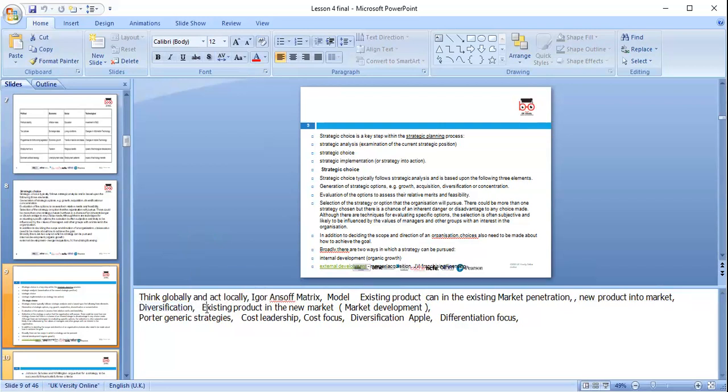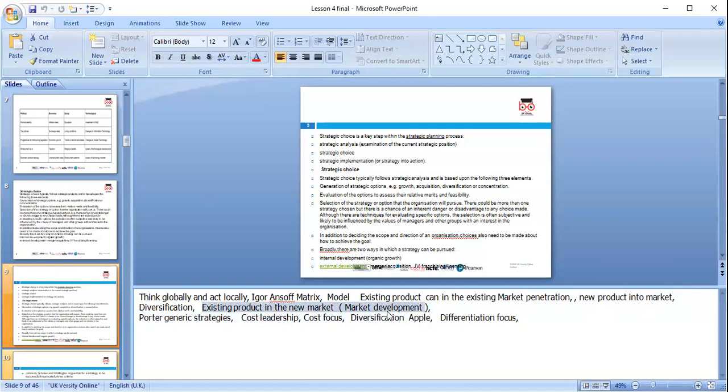If you sell an existing product into a new market, that will be called market development. Sorry, so an existing product in an existing market is market penetration. A new product into a new market is called diversification. An existing product into a new market is called market development.